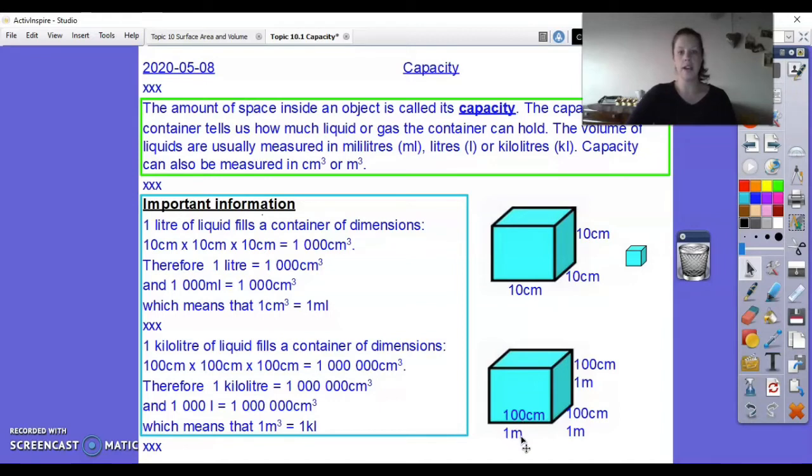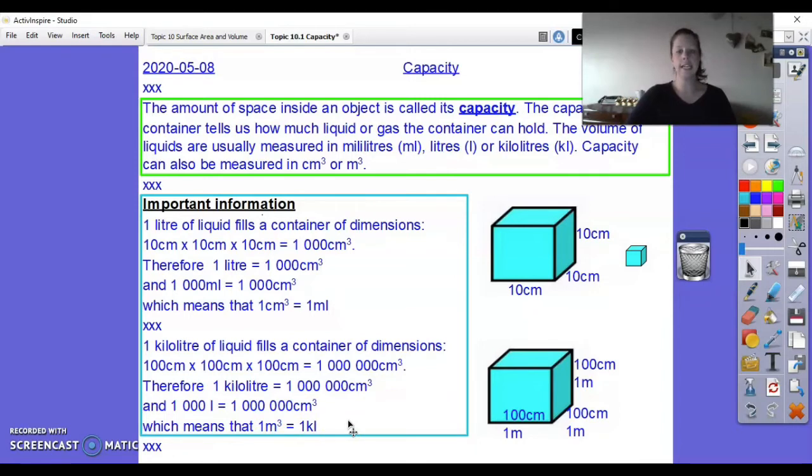So if I've got 1 meter times 1 meter times 1 meter, it gives me a volume of 1 meter cubed. So that 1 meter cubed is also the volume of 1 million centimeters cubed. And we said that 1 million centimeters cubed held a total capacity of 1 kiloliter. So therefore 1 meter cubed is also equal to 1 kiloliter.